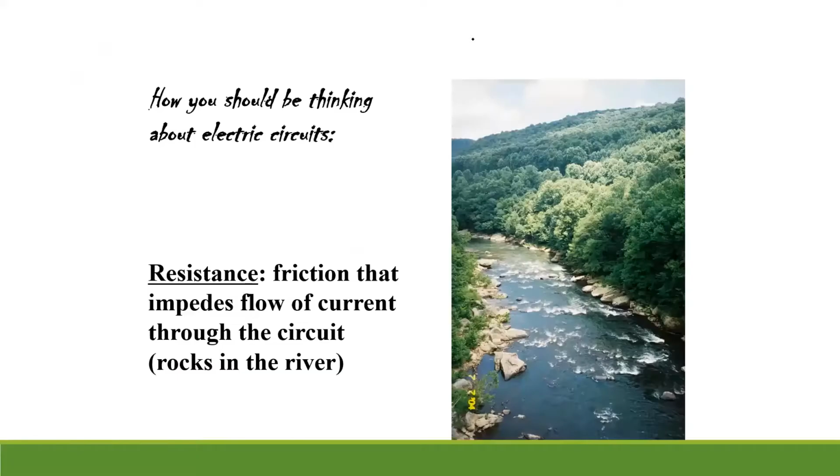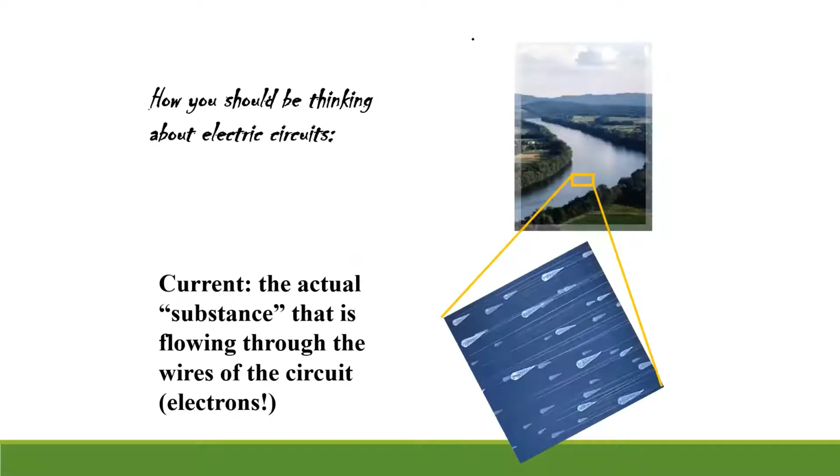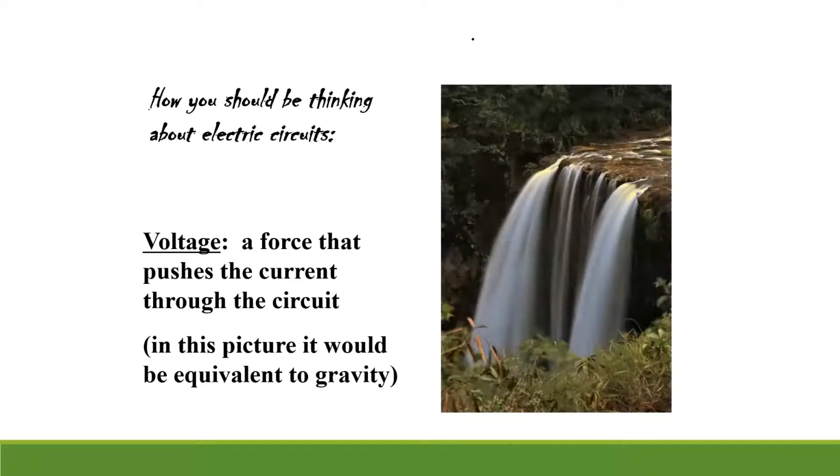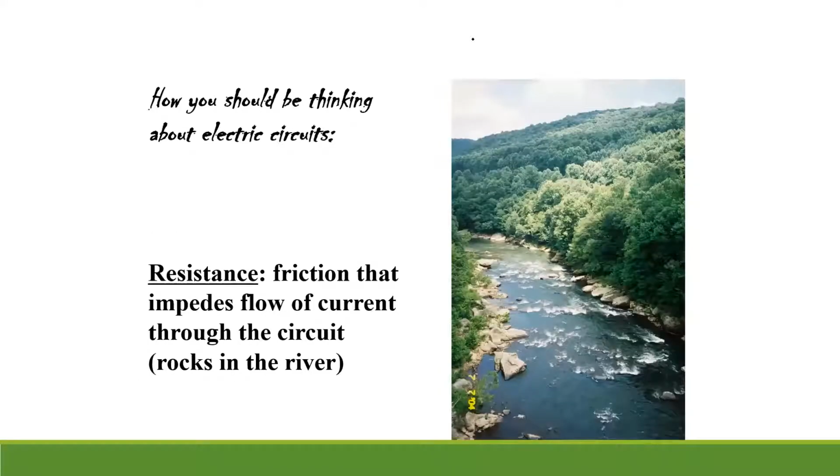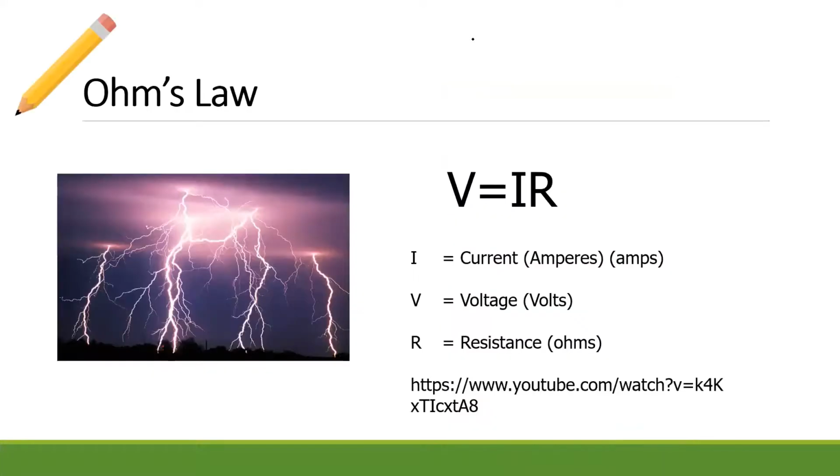Before this, by the way, we finished up talking about our ideas of current being the amount of electrons moving through a wire, or the amount of charge moving down a wire, voltage being the push that's pushing the water down through the river, that's pushing the electrons through the wire, and resistance, the stuff that is slowing it down.